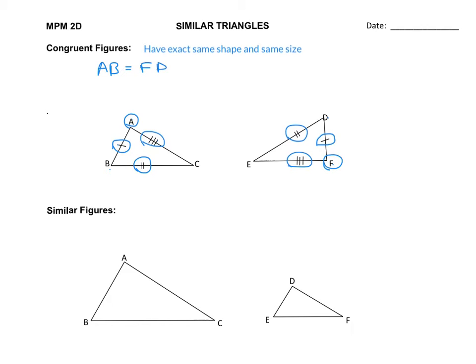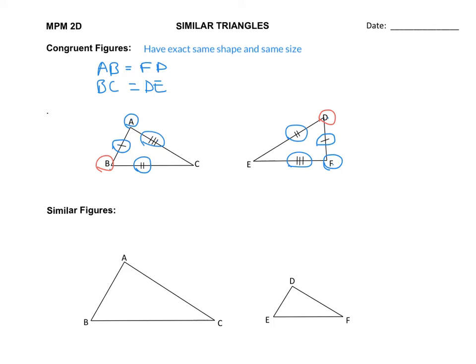Okay, so the order that we say these things actually matters. And then we have vertex B, which is between the single and the double slash marks. That matches up with D. And that would imply that side BC is going to match up with side DE in the other triangle.